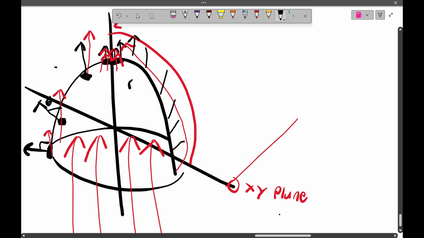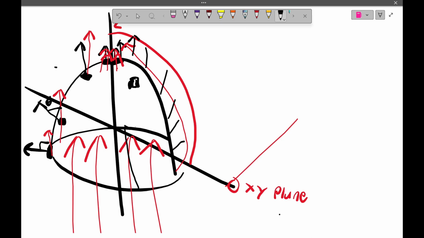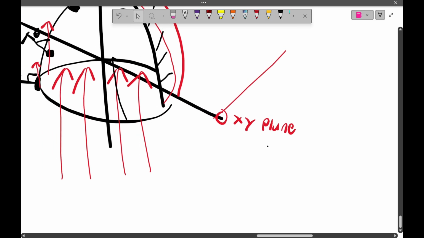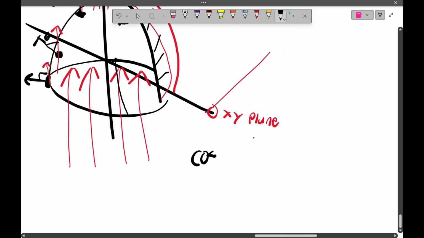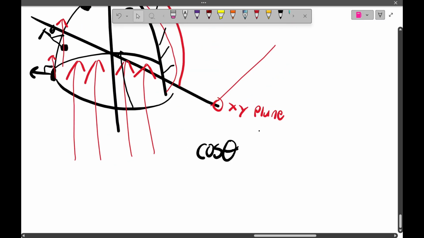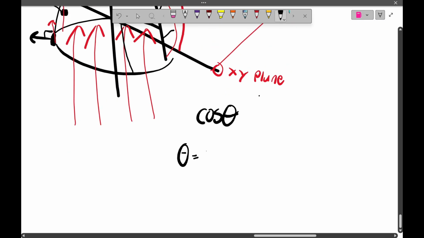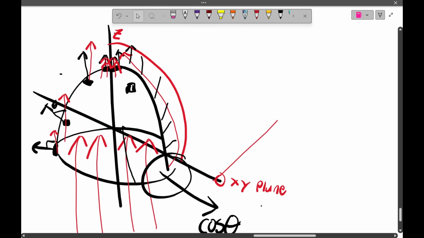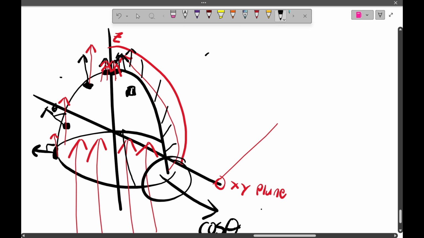So every infinitesimally small area is capturing more and more field lines the further up on this hemisphere you are. And the best thing to describe that is cosine theta. The less aligned we are, the less flux I'm getting. So when theta is 90, all the way at the bottom of that hemisphere, cosine of 90 is 0. And at the very top, where theta is approaching 0, cosine of theta approaches 1.